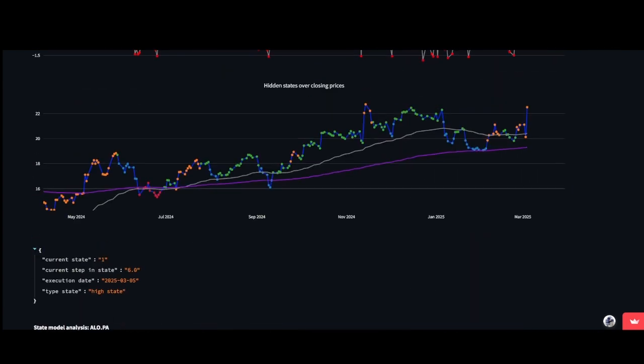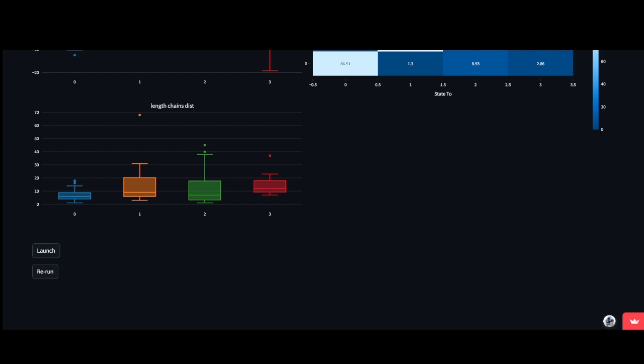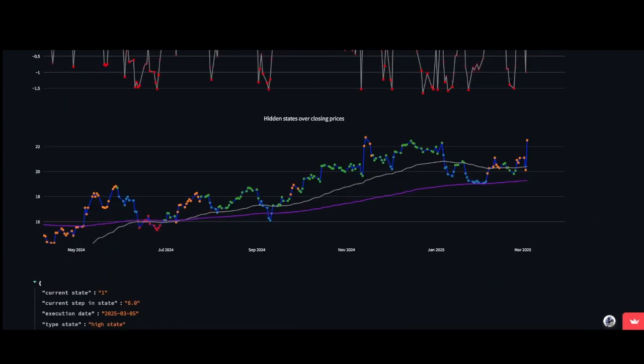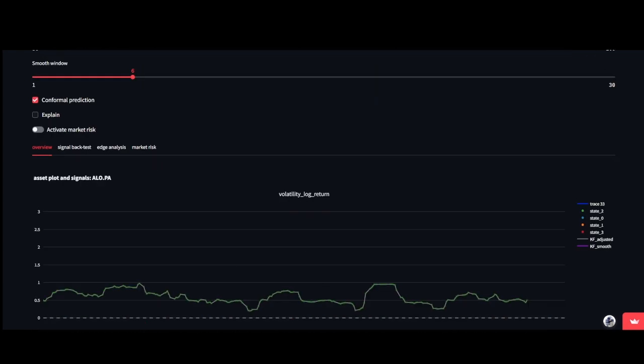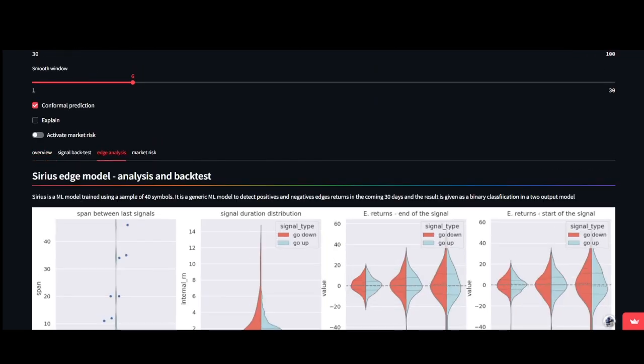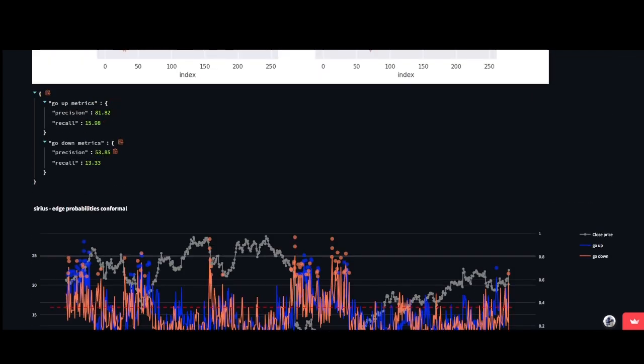But before that, it is in state number one. Here, state number one is a state of high positive returns, and it might last between 9 and 20 days, and it is in the sixth day. It might fall a little bit maybe tomorrow, but then it could go up.